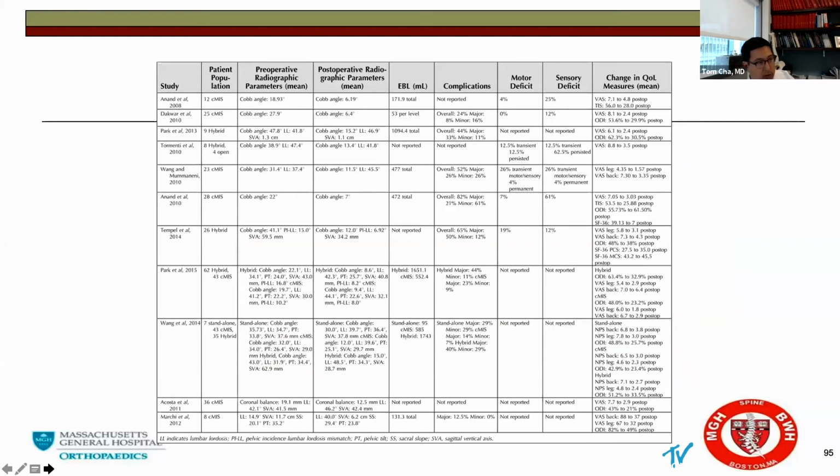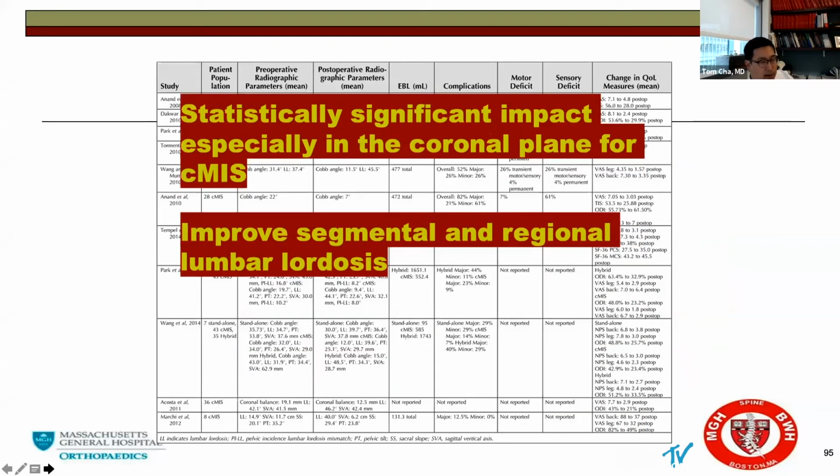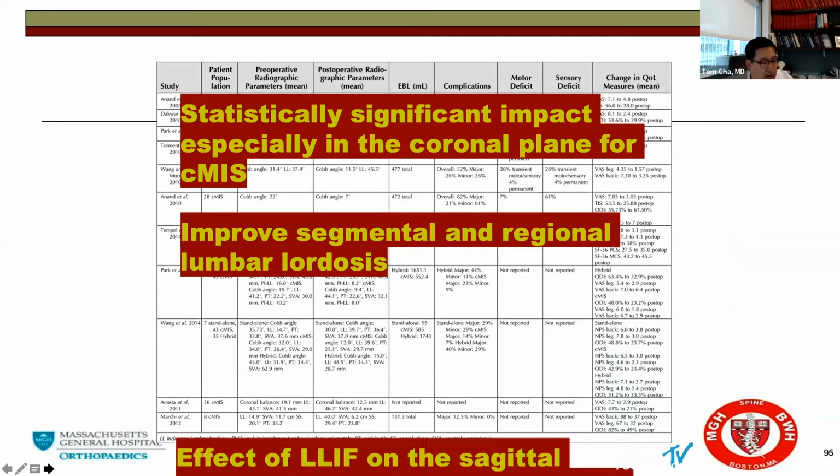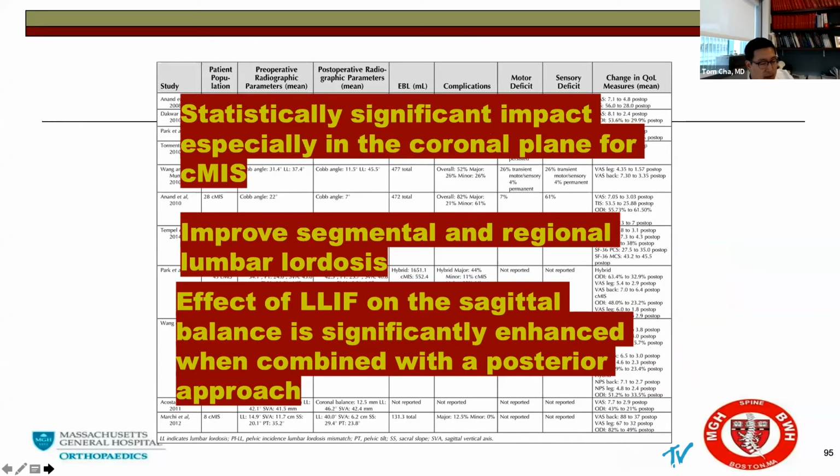The results generally show a statistically significant impact from these minimally invasive techniques for spinal deformity surgery, especially in the coronal plane. Some reports have also noted improvement in both segmental and regional lumbar lordosis. And to have a more significant and lasting impact, it's generally more favorable when combined with a posterior approach.